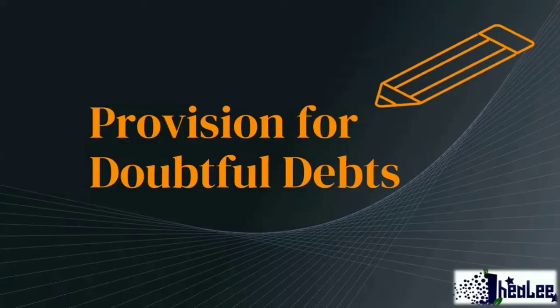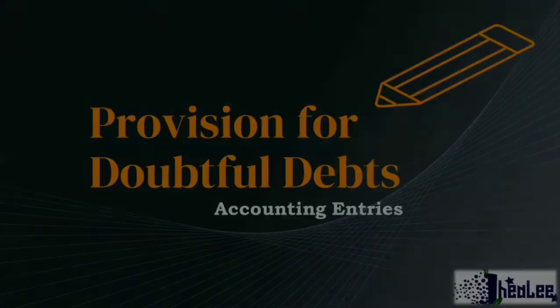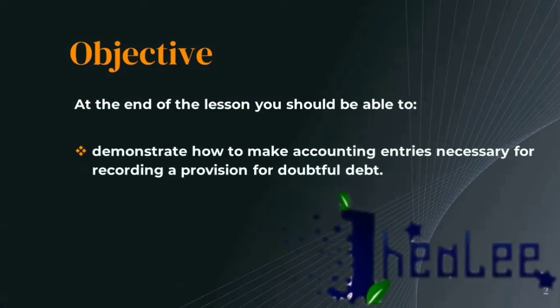So let us continue looking at the concept of provision for doubtful debts, particularly the accounting entries. At the end of the session, you should be able to demonstrate how to make accounting entries necessary for recording a provision for doubtful debt.